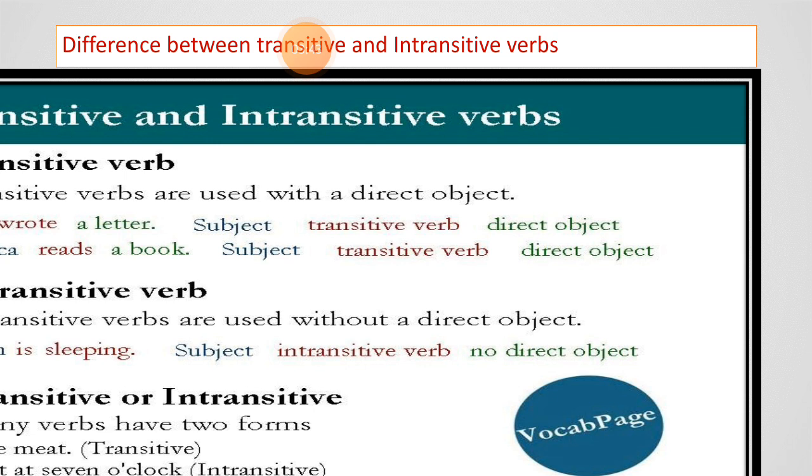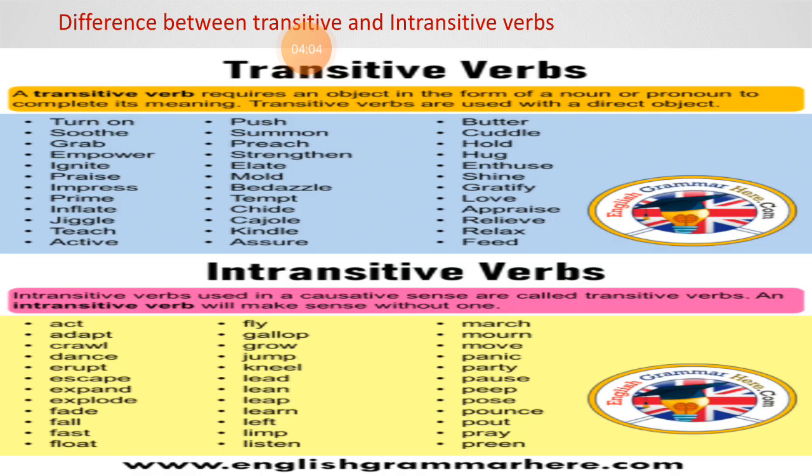Here is the difference between the transitive and intransitive verb. Through this chart you can easily see that in the transitive verb we have the subject, and right after that it is followed by a direct object, and in intransitive it is used without a direct object. So there is no direct object. Again, you can see through this table that a transitive verb requires an object in the form of a noun or a pronoun to complete its meaning.